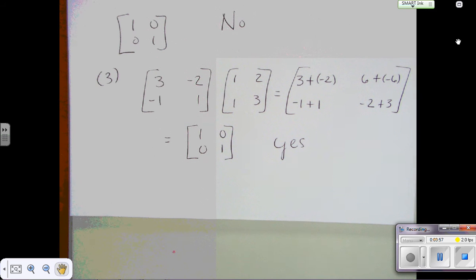Okay, so those two matrices are inverse matrices. Any questions? All right, let's look at the next part.